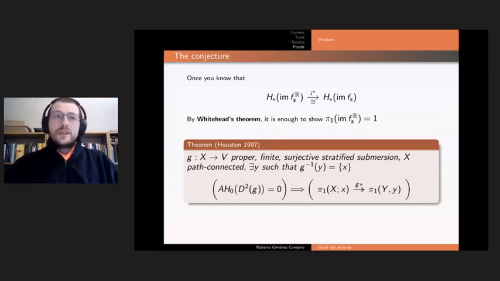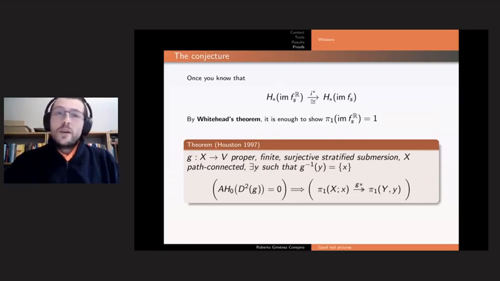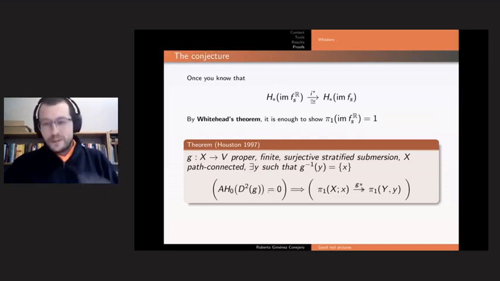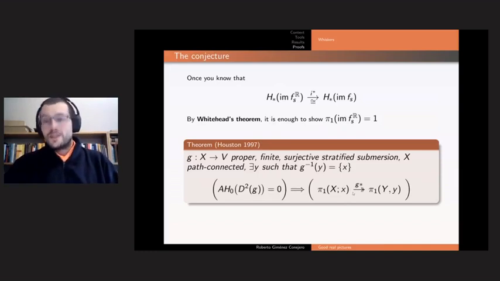Then if X is path connected, which also happens in our case because it is Rm or a ball in Rm, or the image of a ball or something, and there are points with only one preimage, which also happens in our case, then if the double points have zero alternative homology, which also happens, I insist, then the induced mapping in homotopy is a surjection.